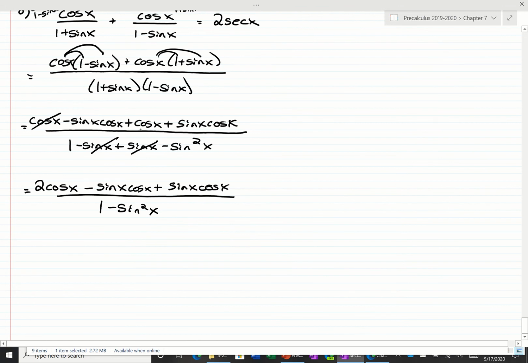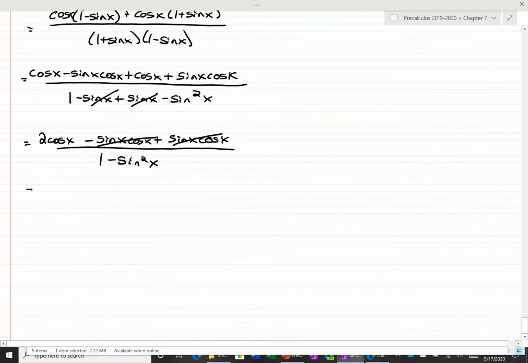These cosines cancel. Actually, sorry guys. Cosine plus cosine is 2 cosine of x. These sine x cosine x terms cancel. That's what I meant. And we wind up with 2 cosine of x over 1 minus sine squared of x.